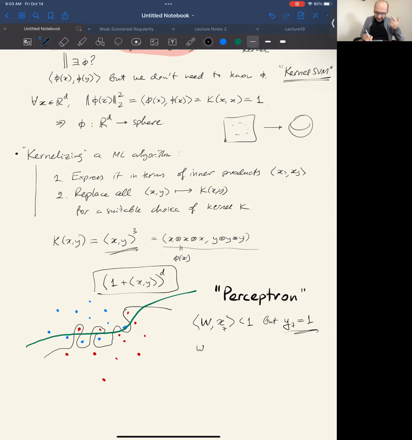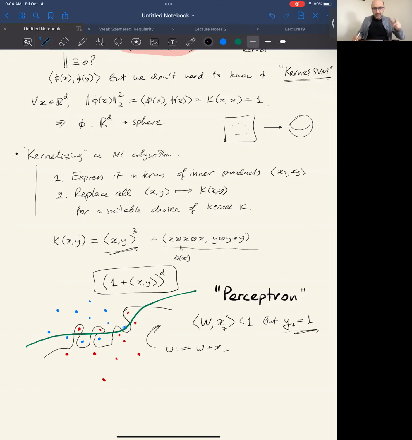So what I do is I add X7 to W directly and call this the new W. Of course, it increases the value of W on X7, so maybe now it performs better. And then I just repeat.